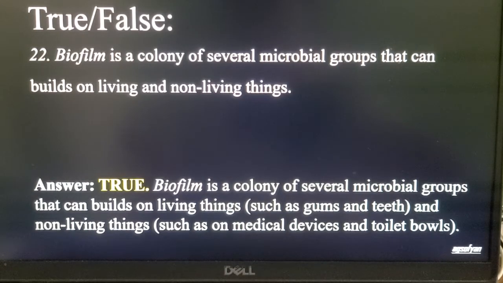That's the reason why in the dental office they have equipment to sterilize their dental equipment. Like for example, they have autoclave to sterilize their dental equipment.